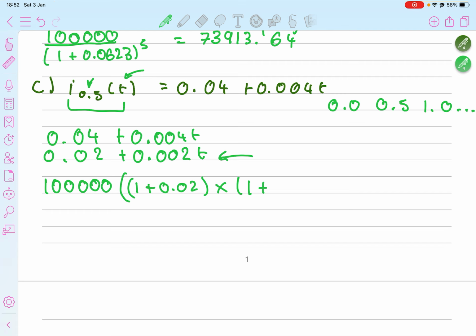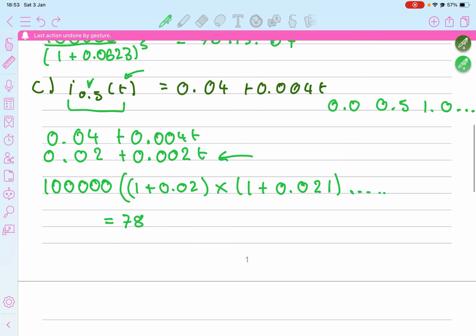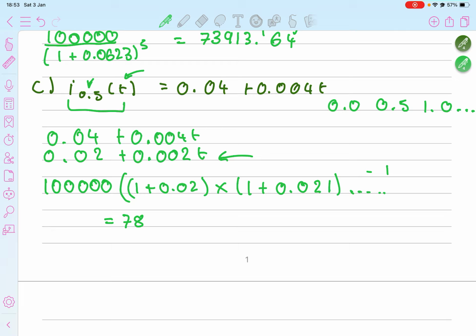Then you sub in 0.05, and you carry on until you get all the way up, and then that will give you 78,505.50. By the way, you're dividing, so this will be minus 1 on the end. So you do it the whole way.